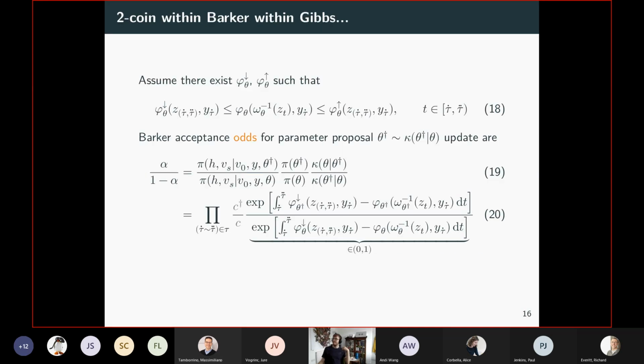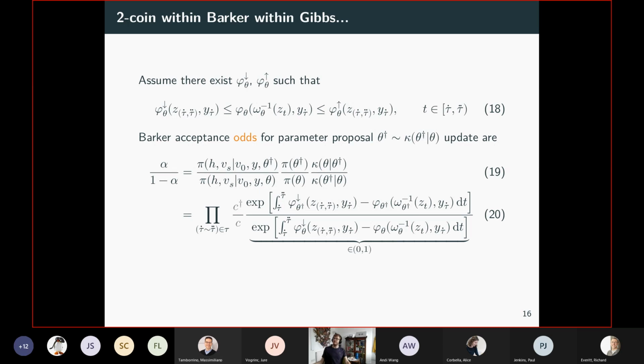And so if we could simulate coins with probabilities corresponding to what's in the numerator and the denominator, then applying the two-coin algorithm, we'd have a way of simulating a coin with a probability corresponding to the acceptance probability in Barker's algorithm without ever computing that probability.